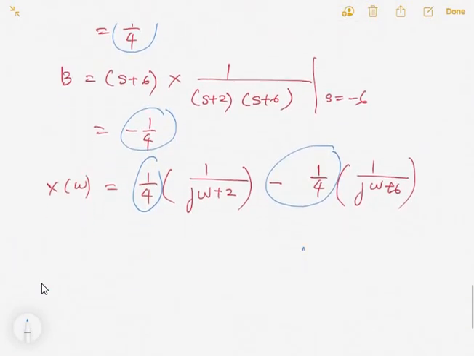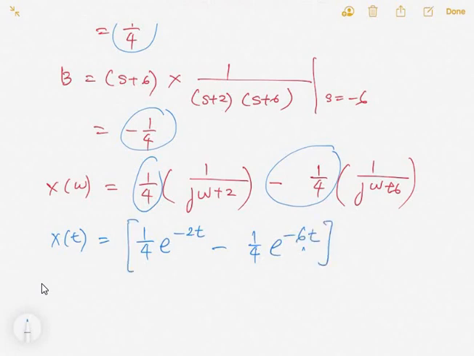So you get X(omega), and then using the Fourier transform pair tables, you get x(t). So x(t) is 1 over 4 exponent negative 2t minus 1 over 4 exponent negative 6t, u(t). That's it. Using the convolution property, you convert to X(omega) first, and you multiply. If you convolute in the time domain, you multiply in the frequency domain.